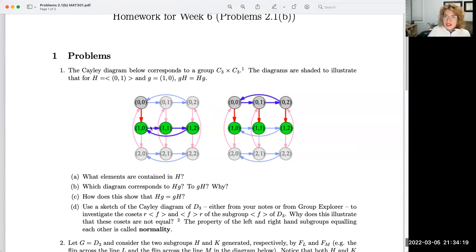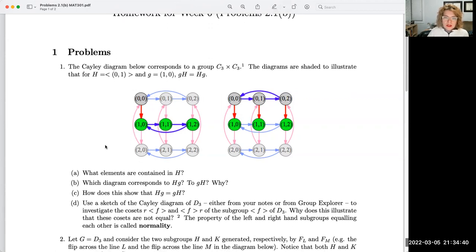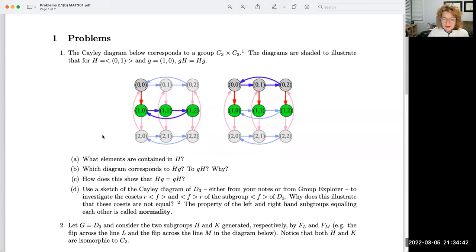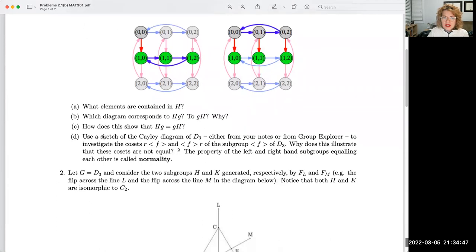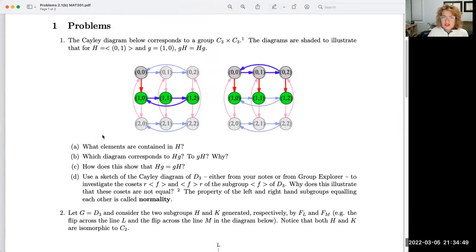So we do the 0, 1 generating arrow until we get back to our original. So in this case, the 0, 1 arrow is the blue arrow that's given to us. So we can just follow it, to the right and back again. And then these two things are equal because they are highlighting the same nodes.